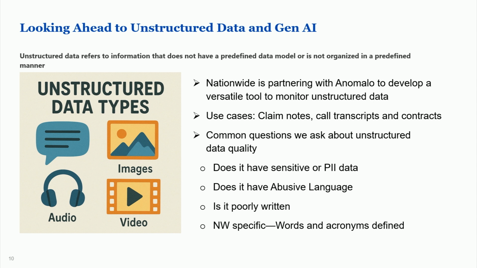We realize that we call something an acronym one way, and the industry or someone outside of Nationwide calls it another. We can't let the LLMs outside of our company dictate how we use acronyms within it. So those are some things that we've looked into. And again, Anomalo helped us, we helped them, to walk through that conversation and say, this is the stuff that we need to look for.